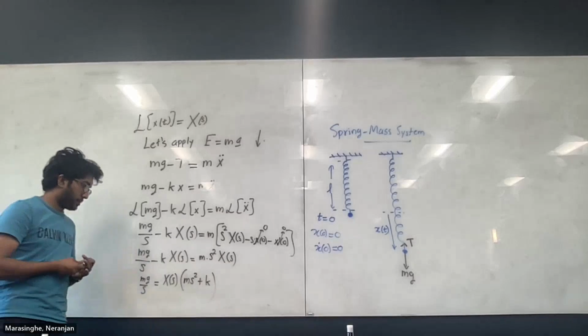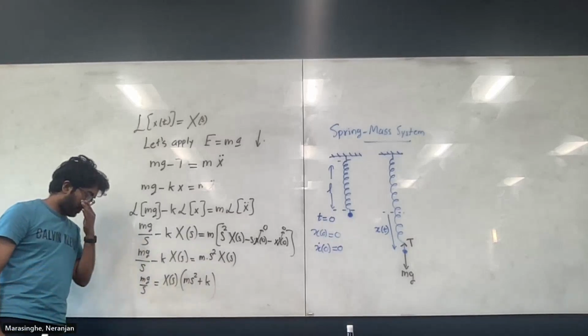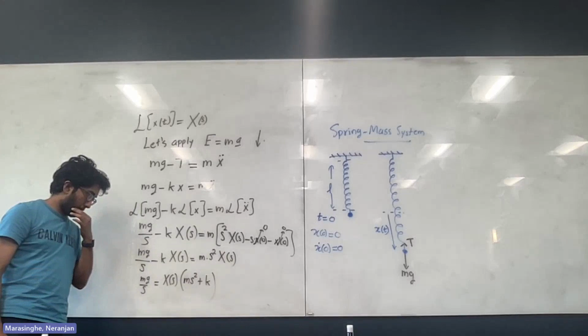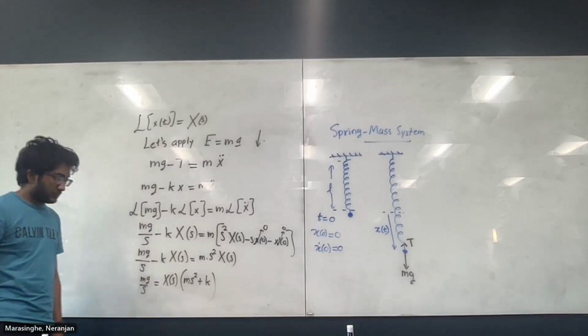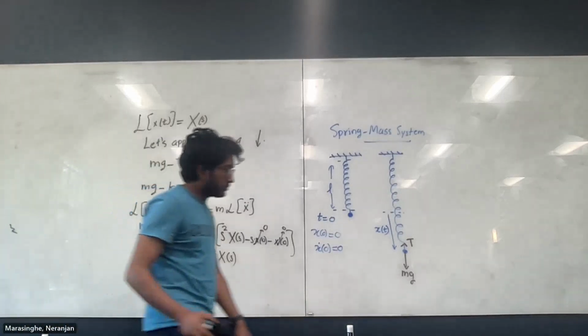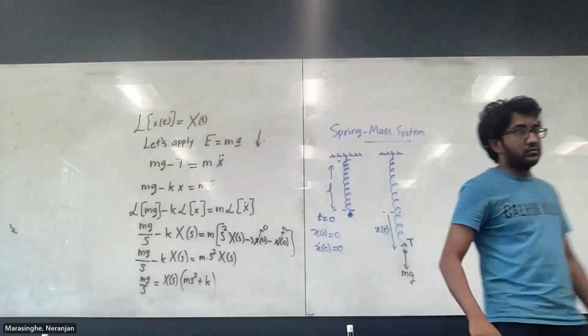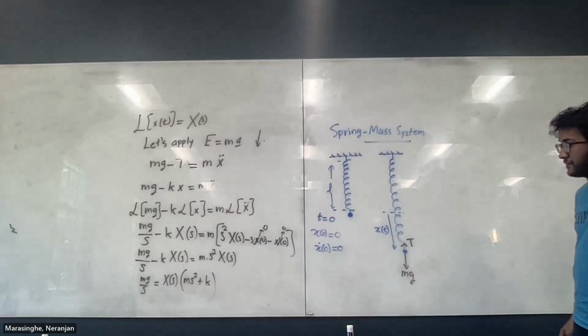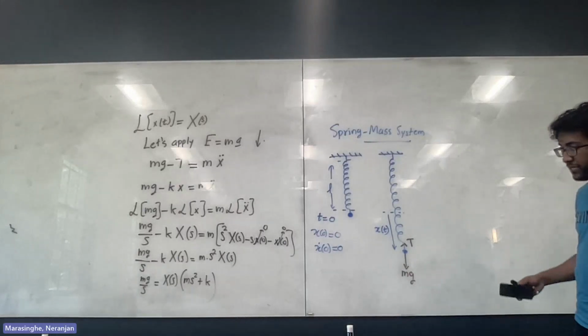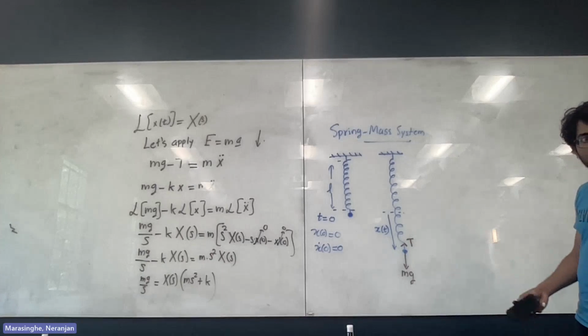Okay. Right. Any questions? m is a positive constant, k is a positive constant, right?